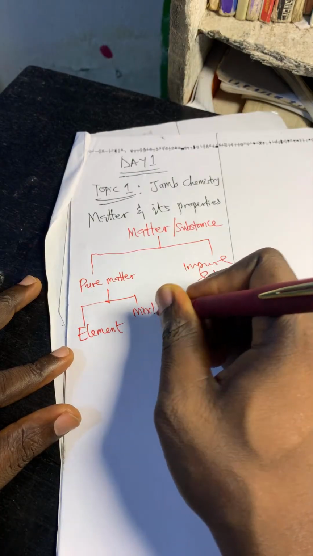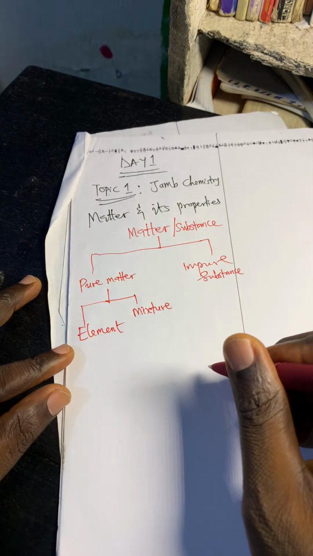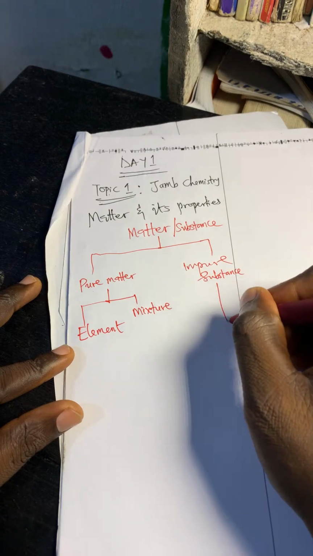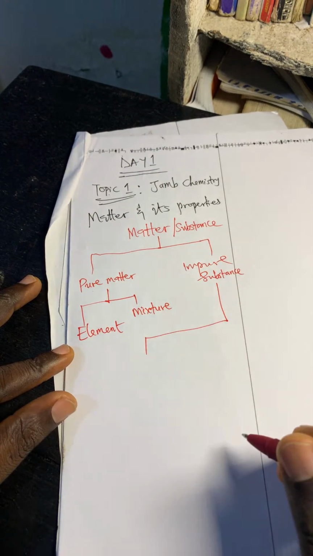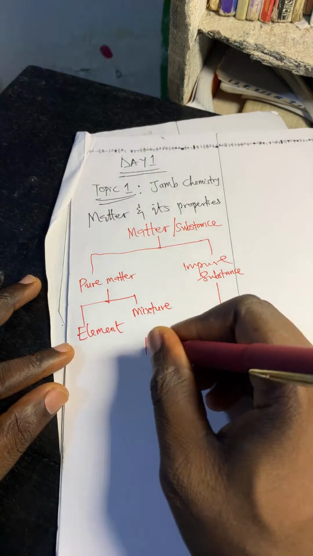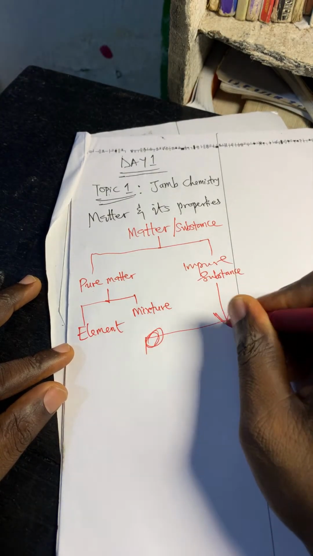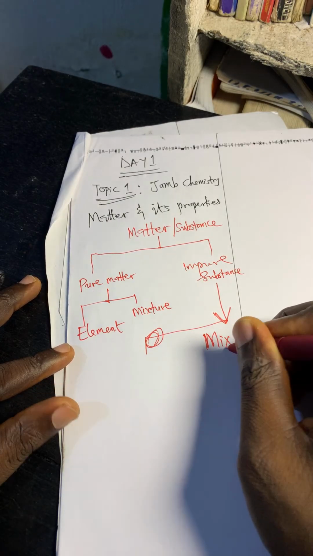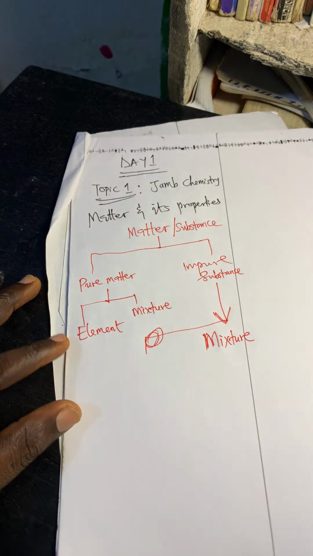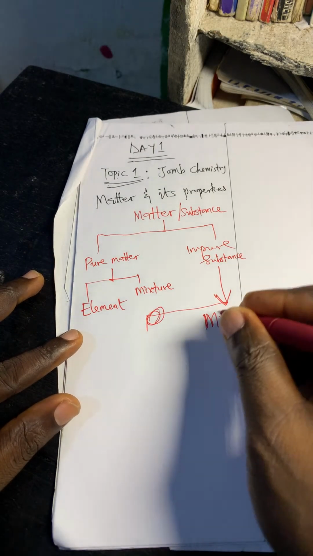I will be mentioning so many things. Reading your book alone will not help you to get those things. Under impure, it gives us what we call mixture. Just pay attention, you will get it.